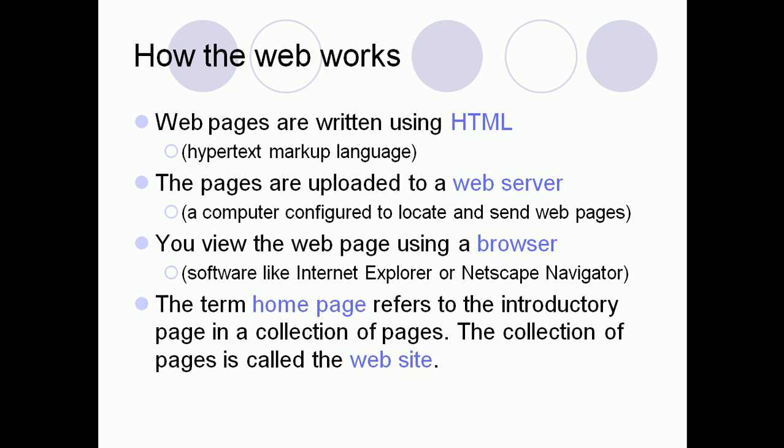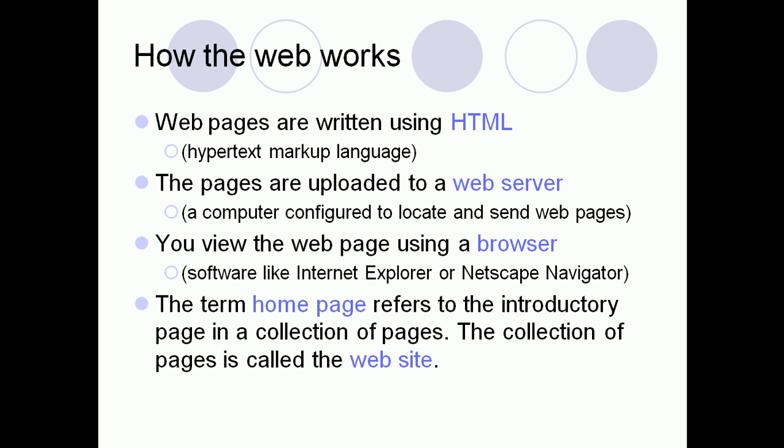Examples are Firefox, Internet Explorer, Netscape Navigator, SeaMonkey, and the likes. Whenever you input a web address, the first page that comes up is known as the home page. It's normally the introductory page in a collection of pages. The collection of the pages is called a website.